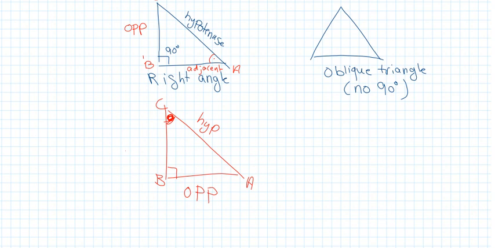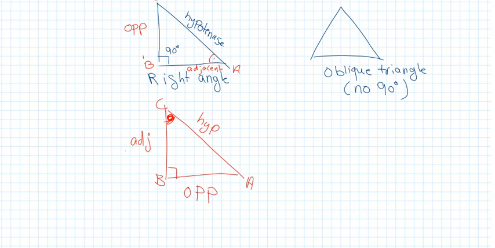Okay? So you see that if you're looking at these two triangles, they're exactly the same triangle, but what I changed here is the given angle, okay, or the angle of interest. Because my angle of interest was A in the first one, my opposite is CB, and my adjacent is AB. While because I gave you angle C in the second example, the opposite and the adjacent changed location spots.